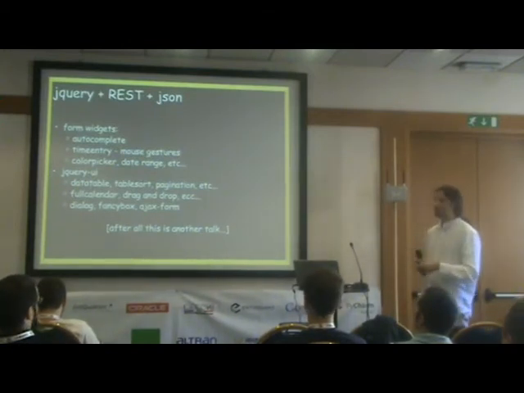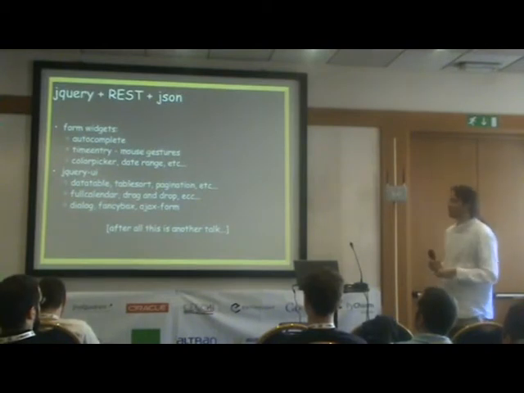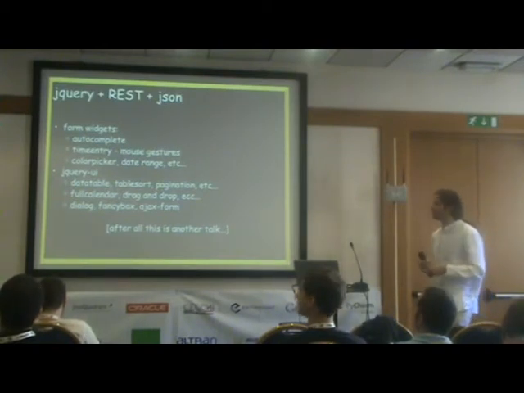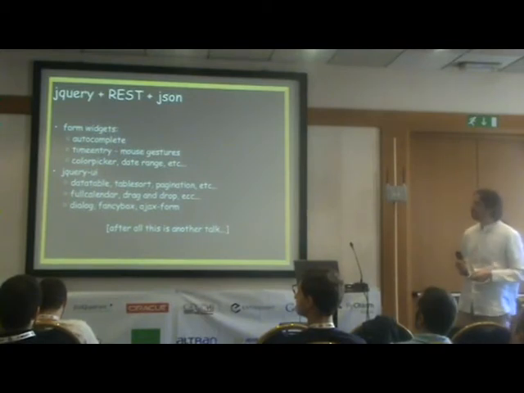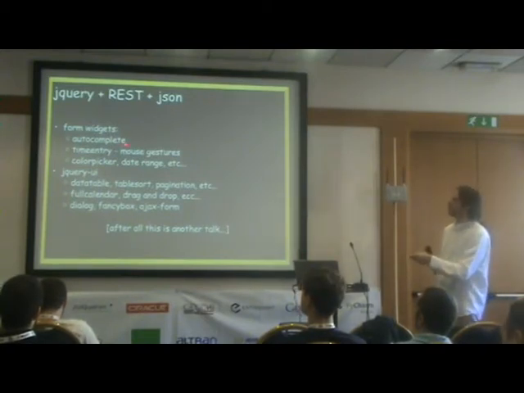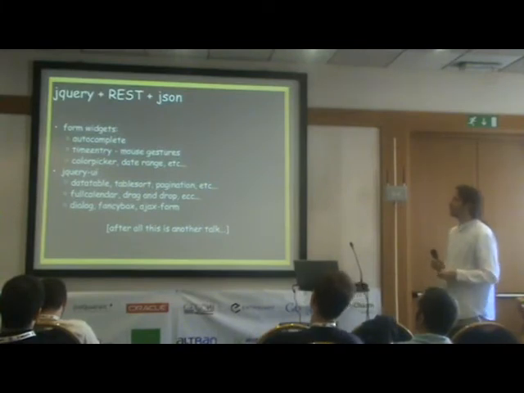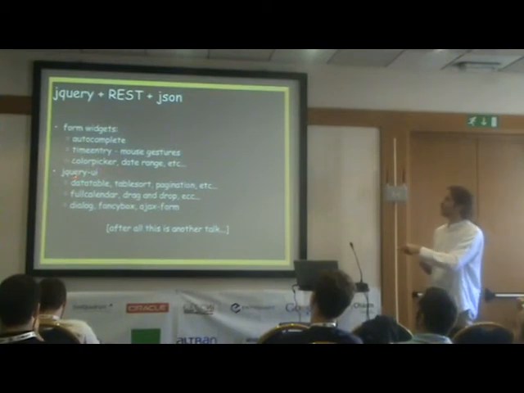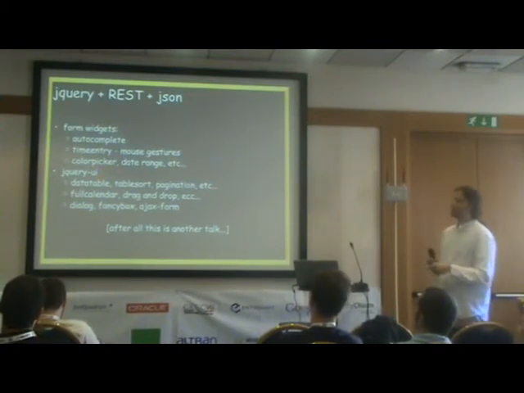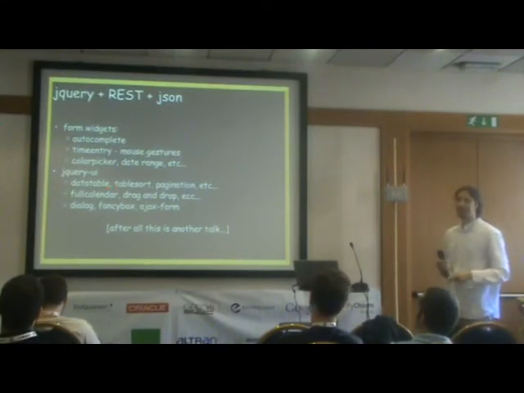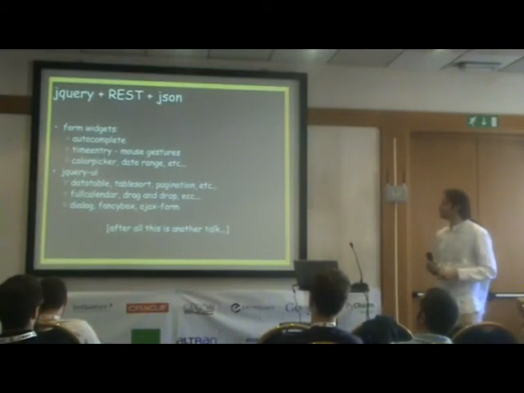With the same logic that you see in this example, we can develop fields for the form, for example autocomplete, time entry, or color picker, and I suggest you use jQuery UI, which has a lot of very powerful tools, like data table, sortable table, pagination.